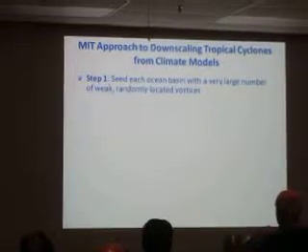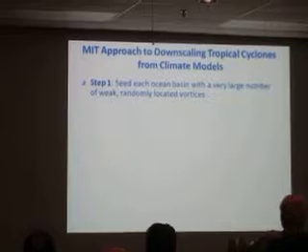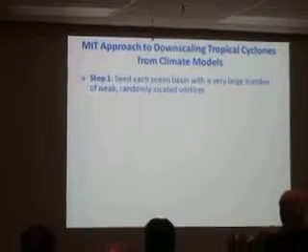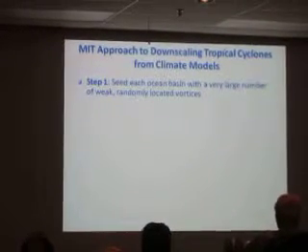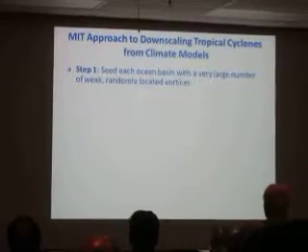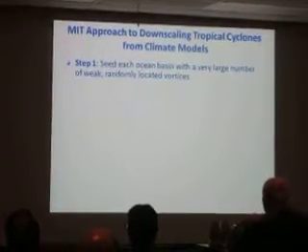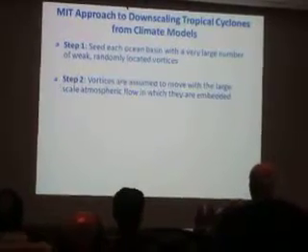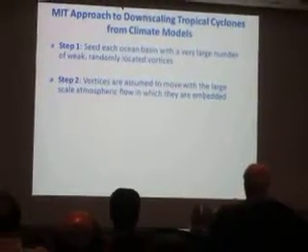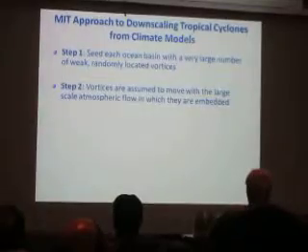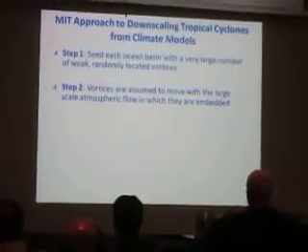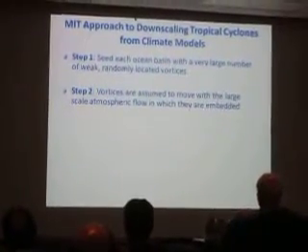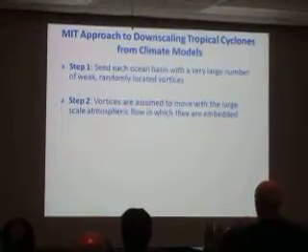It begins by taking the statistics of the output of this climate model and seeding it with a very large number of sort of proto-vortices, very weak hurricane-like vortices. The second step is to find out where these seeds move. That's easy because to a first approximation, hurricanes move with the large-scale flow in which they're embedded. That large-scale flow is provided by the climate model.